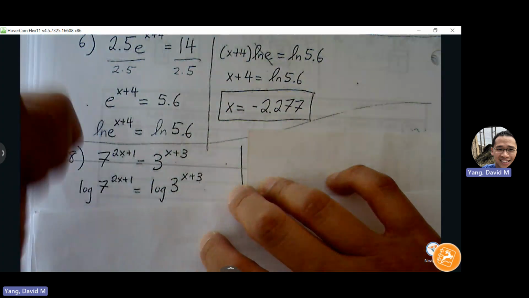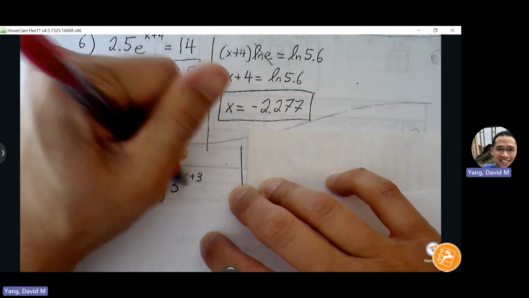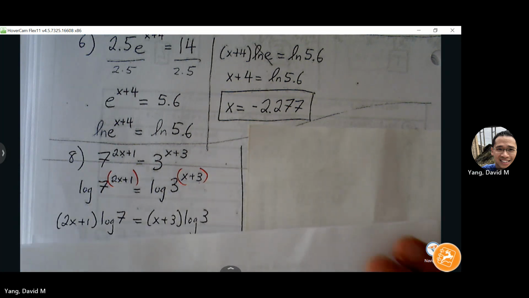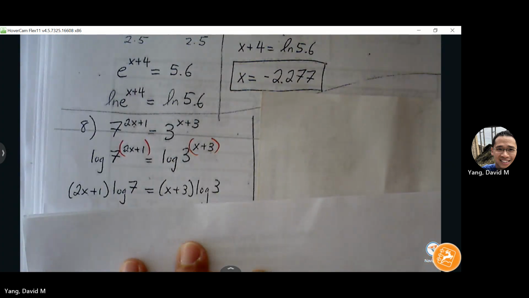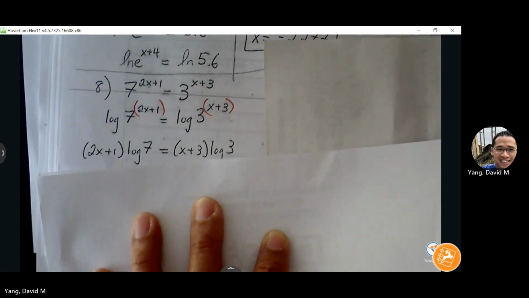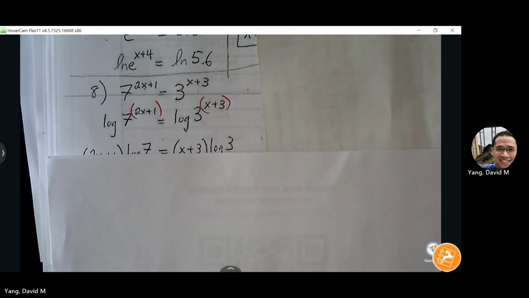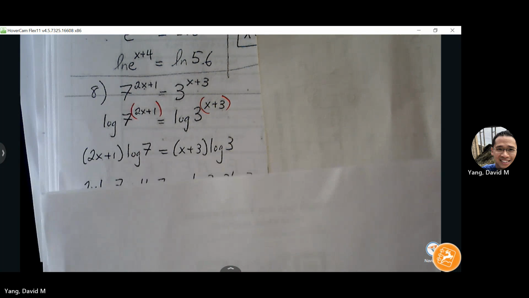So as a precaution here, put parentheses around the 2x plus 1 and x plus 3 so that when it comes down, you're reminded that, yes, you want to distribute, and the log 7 is going to see everything inside the parentheses. Okay, distribute the log 7 through.